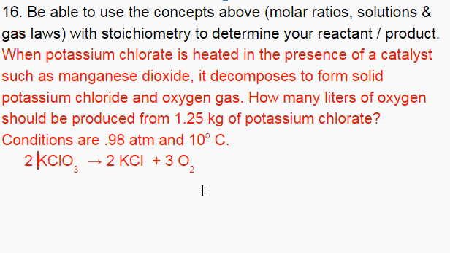And it says how many liters of oxygen should be produced from 1.25 kilograms of potassium chlorate. Well, 1.25 kilograms is 1,250 grams. And if I divide that by the molar mass of potassium chlorate, I'm going to have potassium at 39.1 plus the chlorine at 35.45 plus the 3 oxygen at 48.